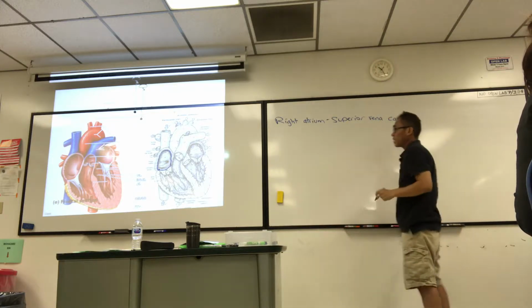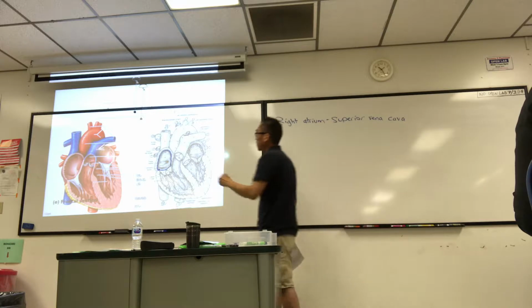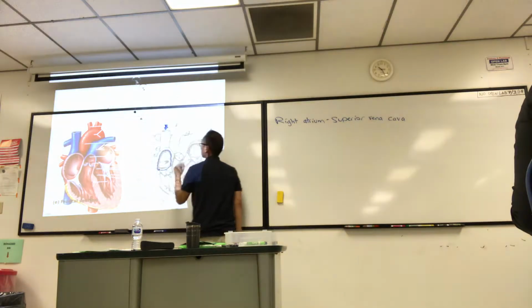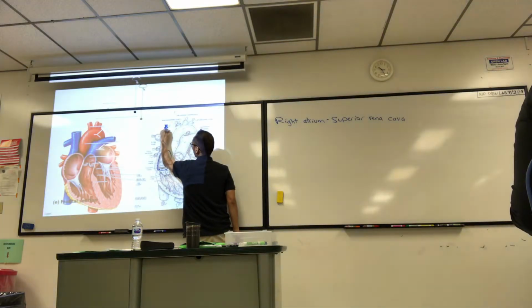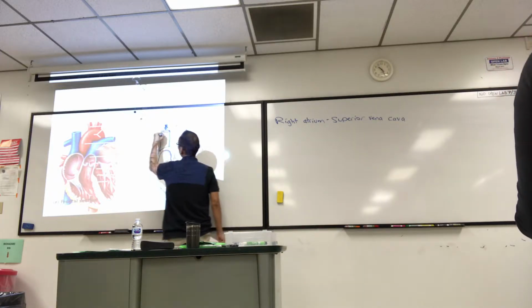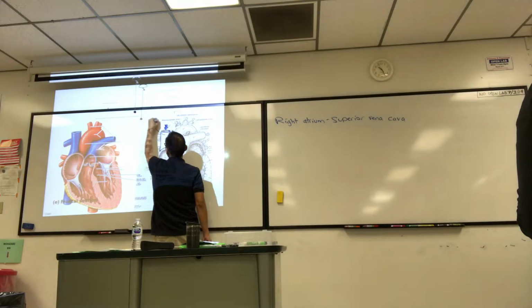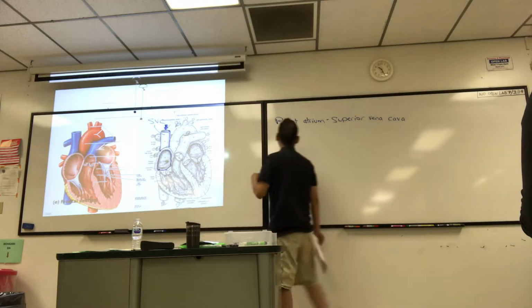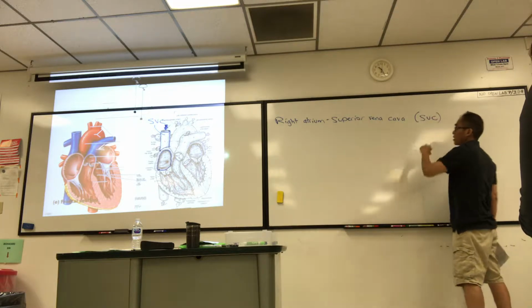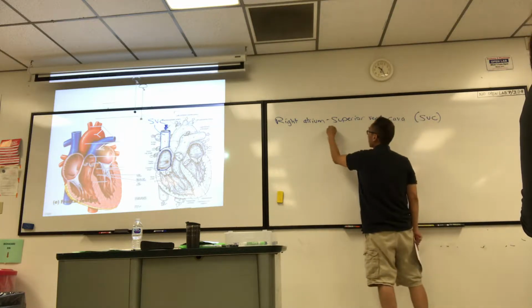So the superior vena cava, superior means from above. So there's an arrow here. It's bringing blood to this vessel here. That's pretty much the SVC, the superior vena cava, and the other one is the inferior vena cava.